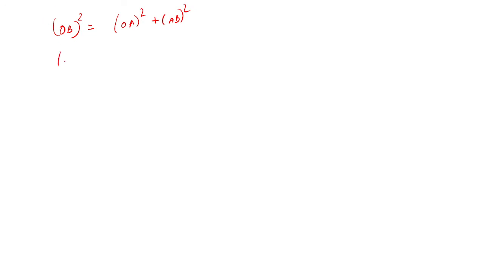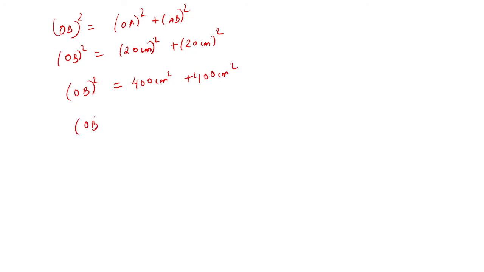We do not know what OB is, but we do know what OA is. This is 20 centimeter square plus 20 centimeter square. So OB square is equal to 400 centimeter square plus 400 centimeter square, which can be written as 800 centimeter square, or else as 2 into 400 centimeter square as well.